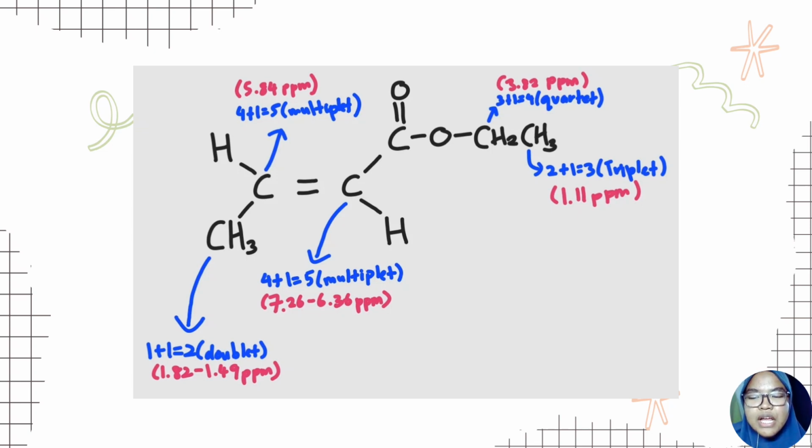Next, 5.84 ppm is a multiplet because 4 plus 1 equals 5, which means multiplet. Both of these chemical shifts show that it was trans coupling. To know it was a doublet, we can use the n plus 1 rule at CH3 that was paired with 1H.